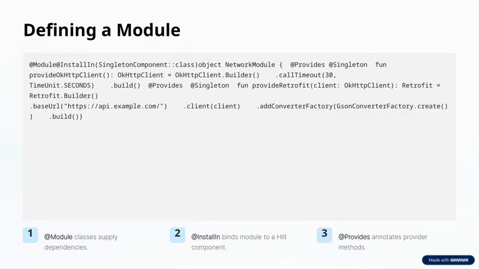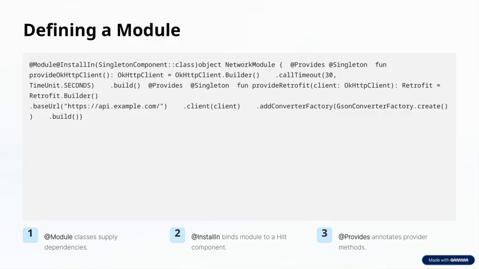Next, we see @InstallIn(SingletonComponent::class). This part is crucial because it binds our module to a specific Hilt component. In this case, the SingletonComponent, which means that the dependencies we provide here will have a singleton scope, lasting for the lifetime of the application. It helps manage the lifecycle and scope of these dependencies efficiently.